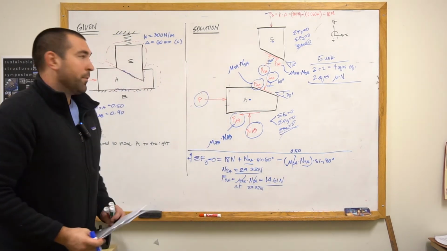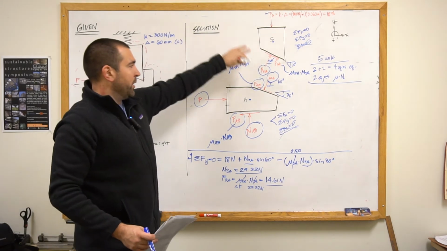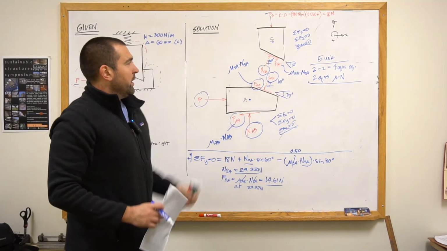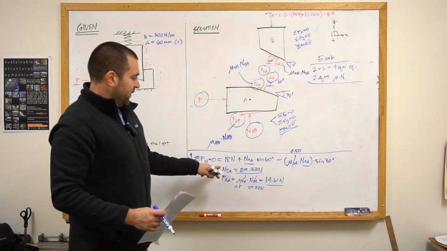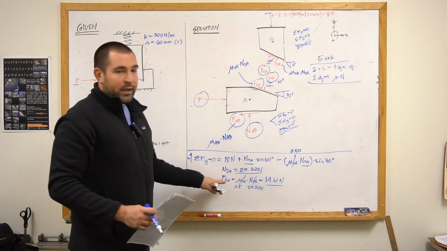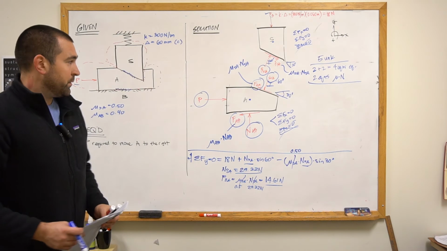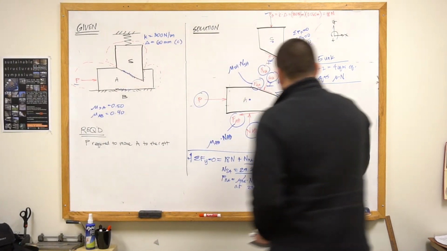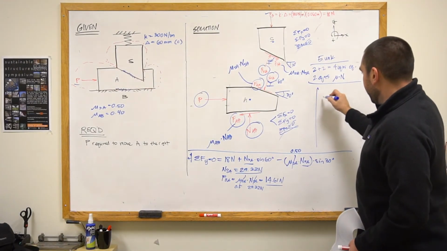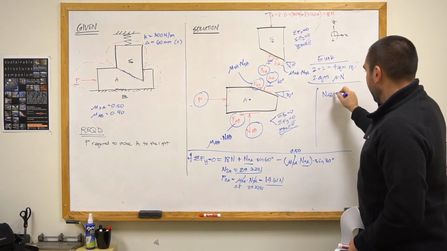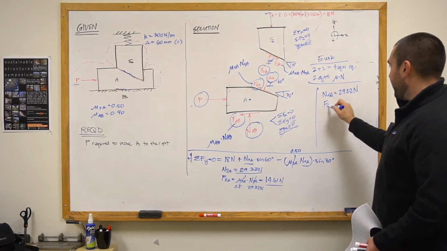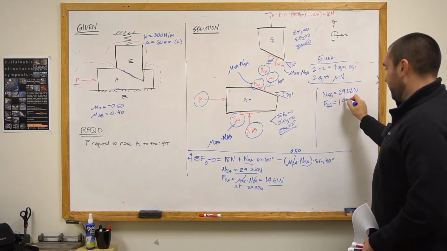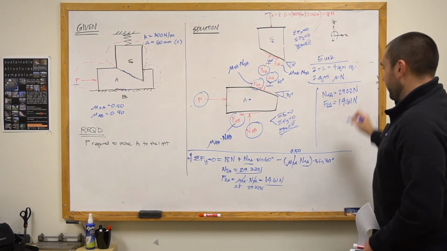So from the upper free body diagram, because I only had one unknown, I was able to solve for it using just statics. And I get the normal force, and as a result, I can also calculate the friction force. So I'm just going to move those over to the side here as things that we know. I know NSA equals 29.22 newtons. I know FSA equals 14.61 newtons.